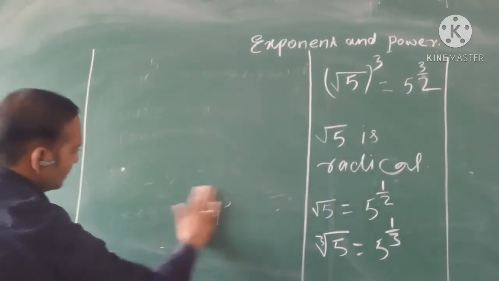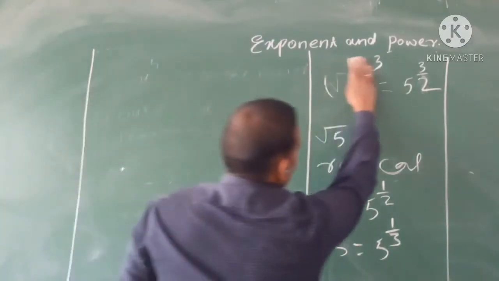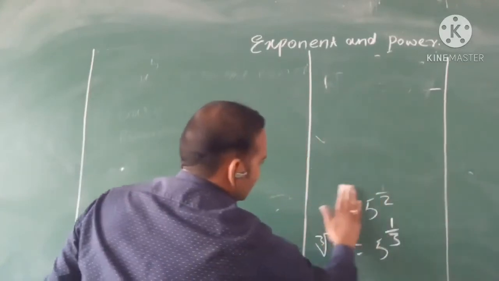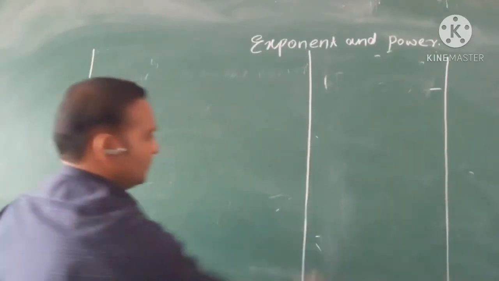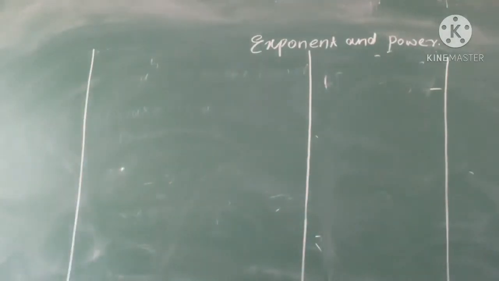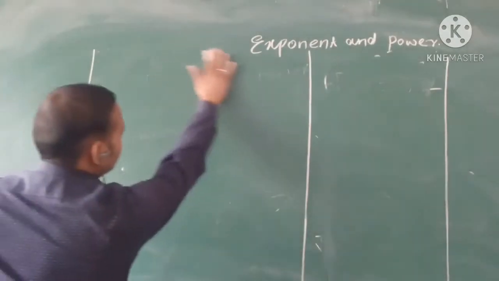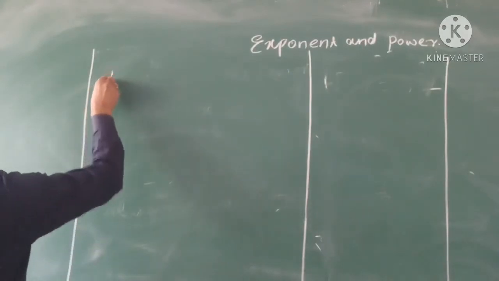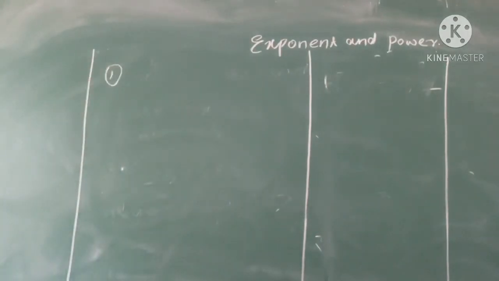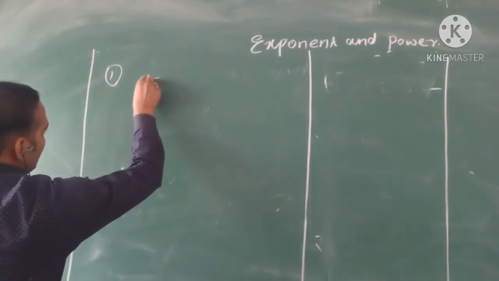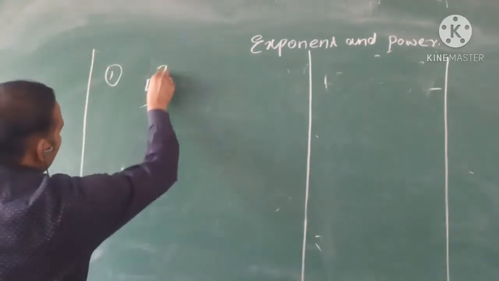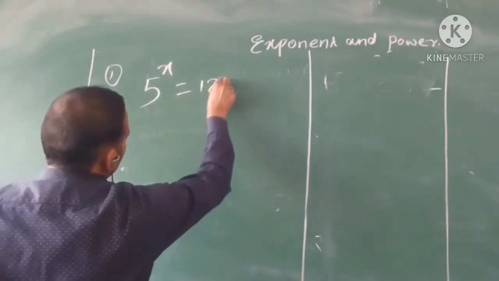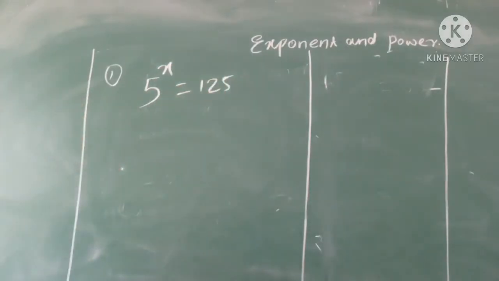Now I have some questions that I am going to solve. Suppose it is given 5 to the power x is equal to 125 and it is asked to find the value of x.